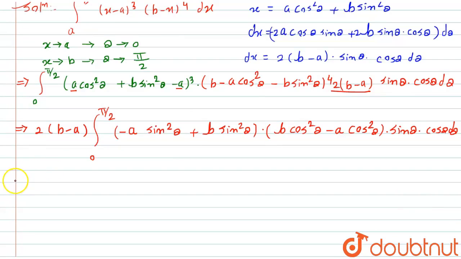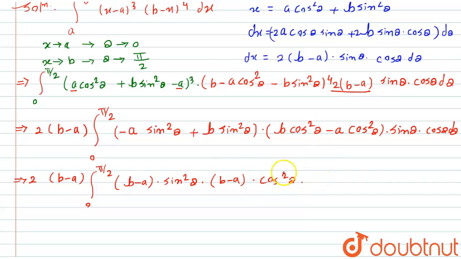Further simplifying, we get 2 (b minus a) integration of 0 to pi by 2. On taking sin square theta as common, here it will remain (b minus a) sin square theta. On taking cos square theta as common, here it will remain (b minus a) cos square theta.